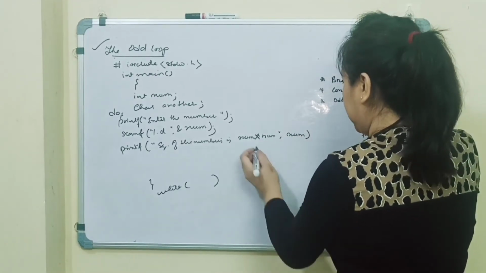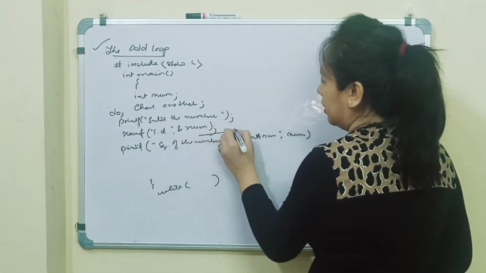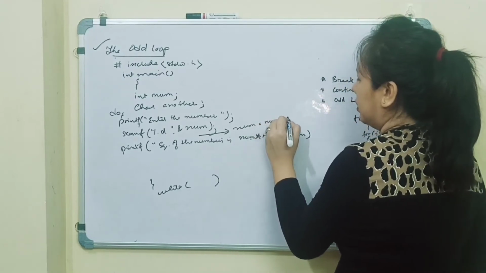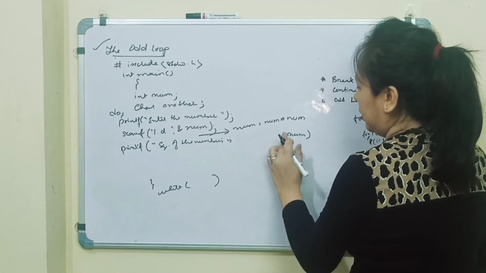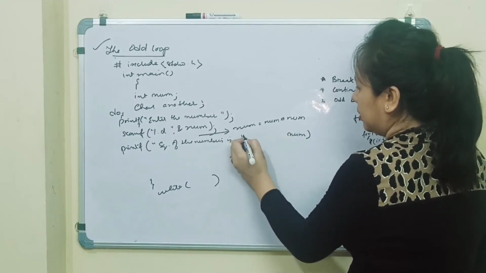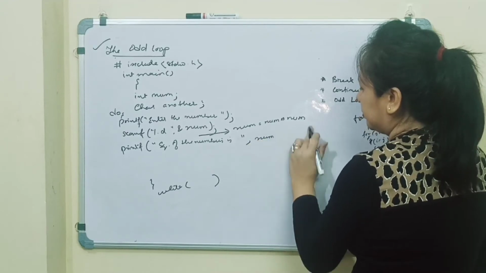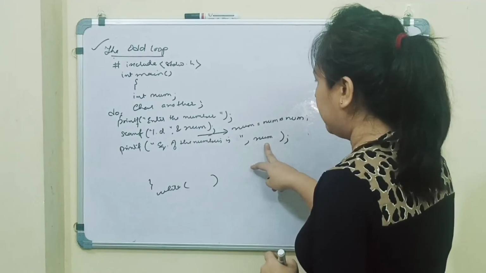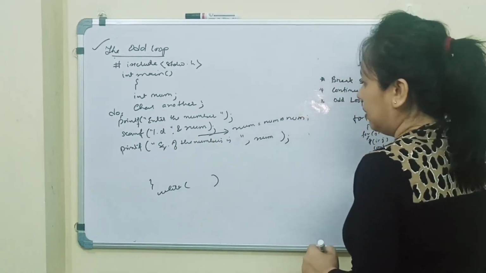Or you can do it like this: num equal to num into num, and the value of the square of the number is num. Okay, we are printing the square of the number.